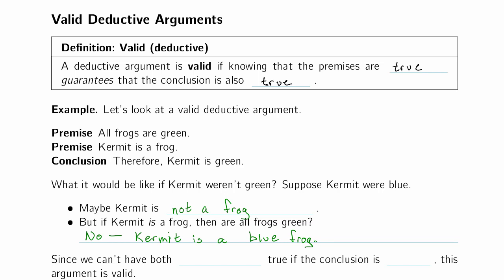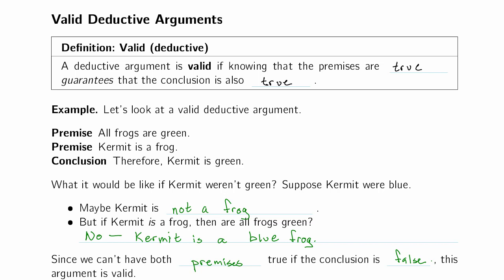Kermit would be a blue frog, right? So we can't have both of the premises true if the conclusion is false. That being the case, the argument is valid. And that's our basic plan of attack when we want to see, is an argument valid?